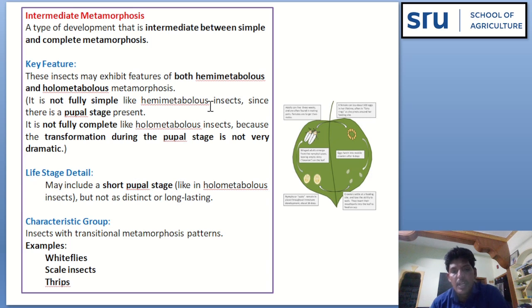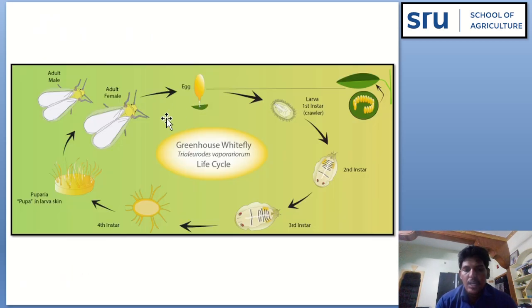Characteristic groups: insects with transitional metamorphosis patterns such as whiteflies, scale insects, and thrips undergo intermediate metamorphosis. See here the life cycle of the whiteflies: egg stage, larval stage, a very short pupal stage, and adult stage.